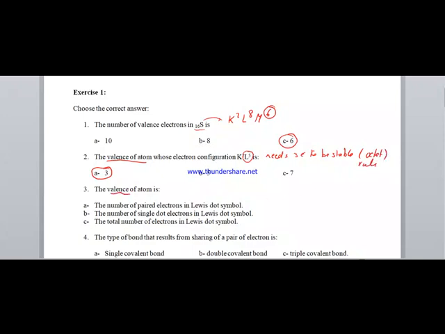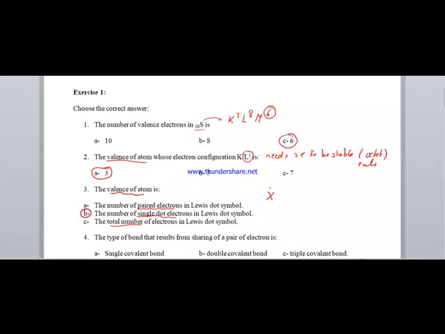The valence of an atom, or the valency, is the number of paired electrons or lone pairs, or the number of single dot electrons in the Lewis dot symbol. According to the Lewis dot symbol, the valence represents the number of single dot electrons.